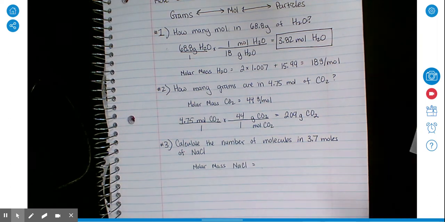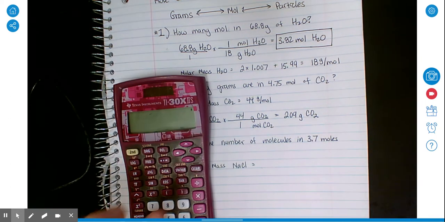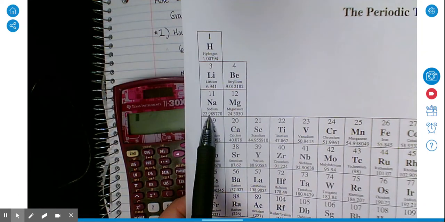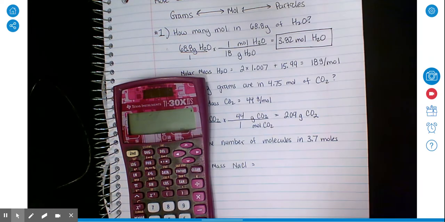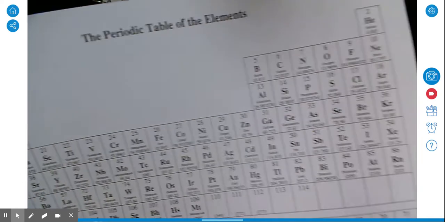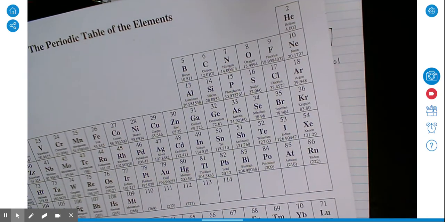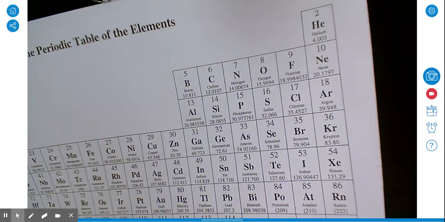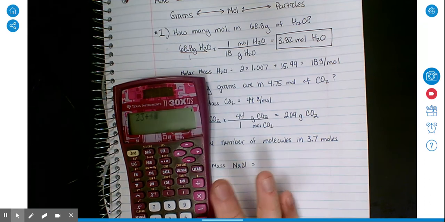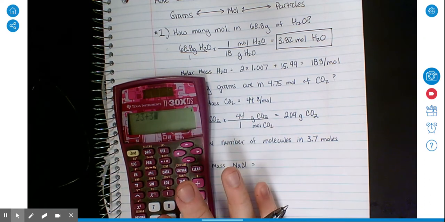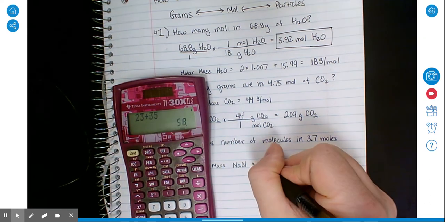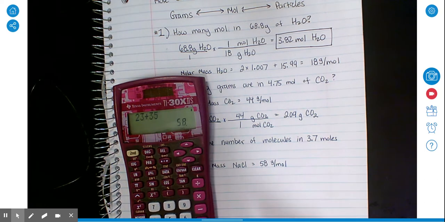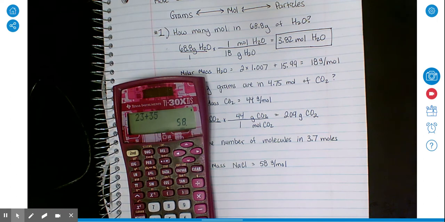NaCl, this one's pretty easy because it's just one of each atom. So one sodium atom has a weight of 22.9 or 23. One chlorine atom has a weight of 35.4, or I think I rounded these to whole numbers, 35, yeah. So 23 plus 35. NaCl has a molar mass of 58 grams per mole.